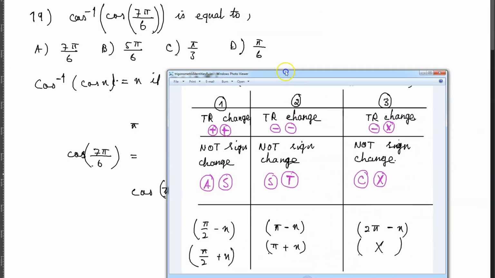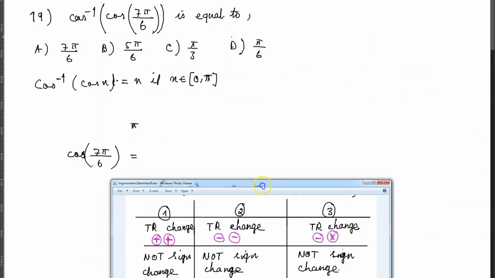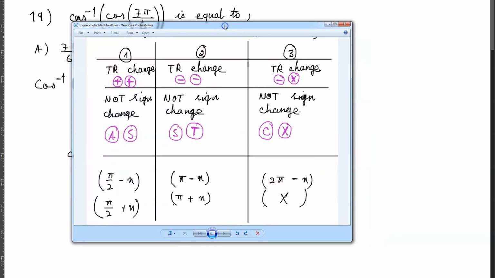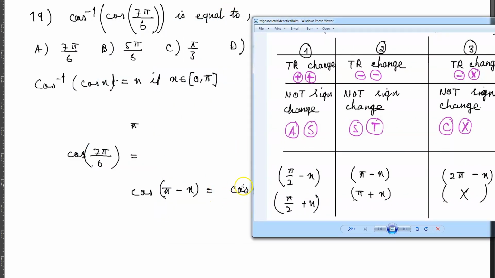Which means that since we are talking about the cos, there will be a sign change, because here we are saying only in the case of the sine there is no sign change.